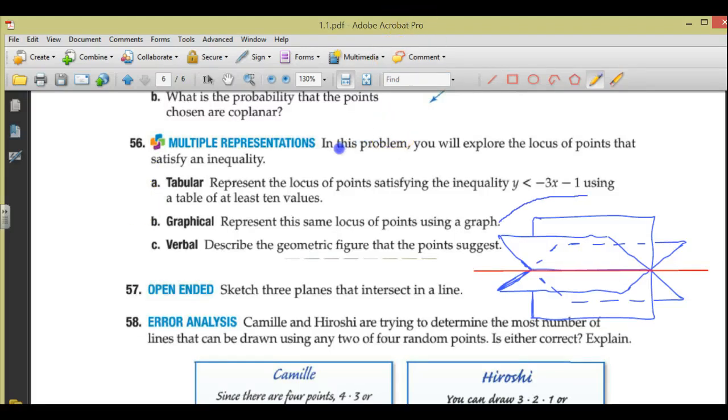We have 3 planes here intersecting along one line. So we have this plane. Here's the second plane and the third plane, all intersecting along this line.